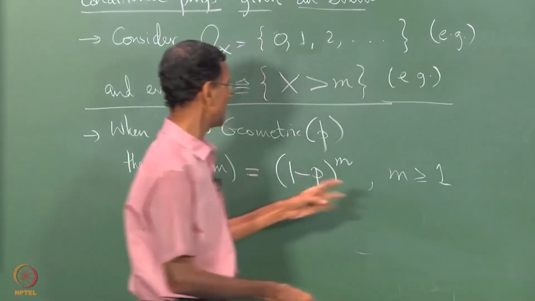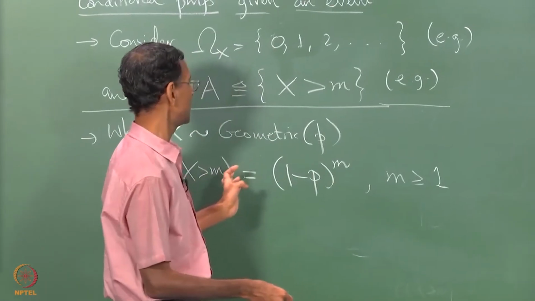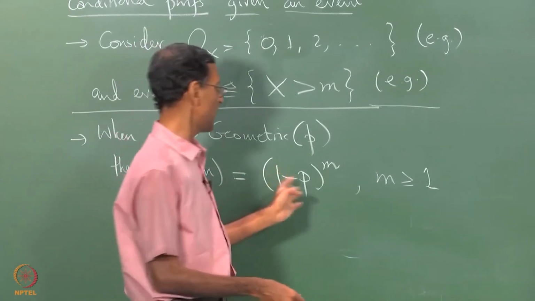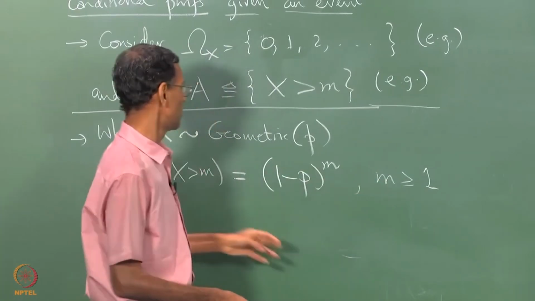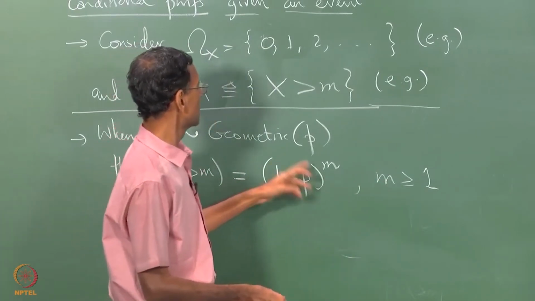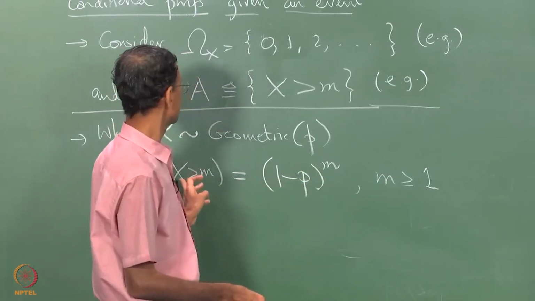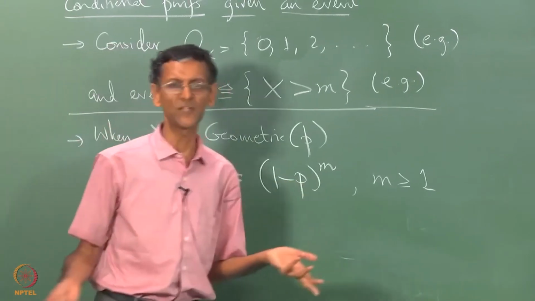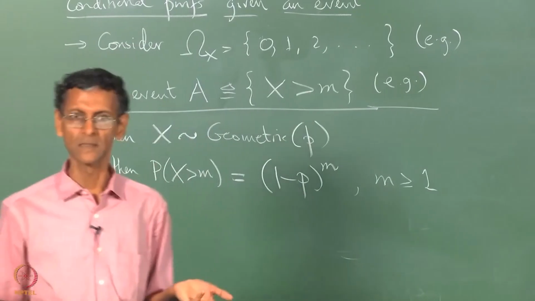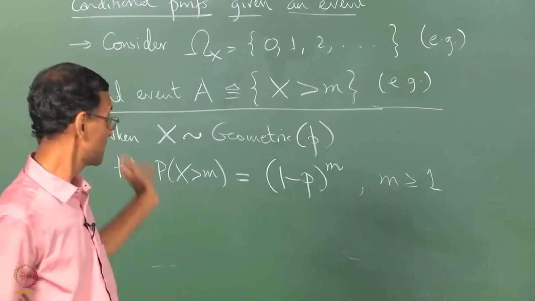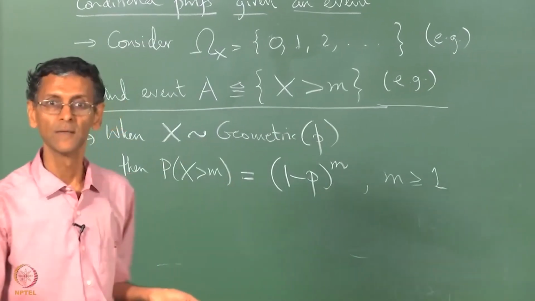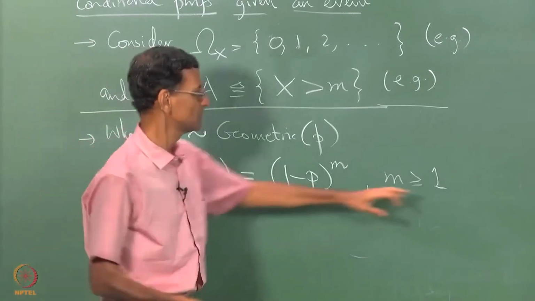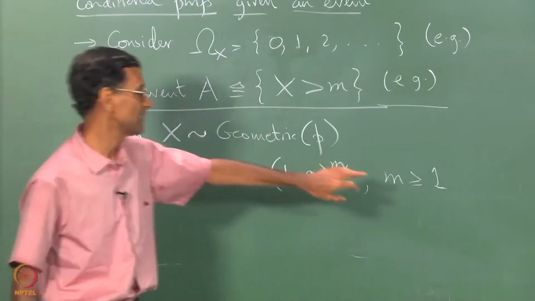Can I say that it is valid? No. In fact it is true for m equal to 1 also, because x greater than 1 is perfectly valid. That means the first trial is a failure at m equal to 1. So this is perfectly valid for m equal to 1 as well. It is valid for all values of m.